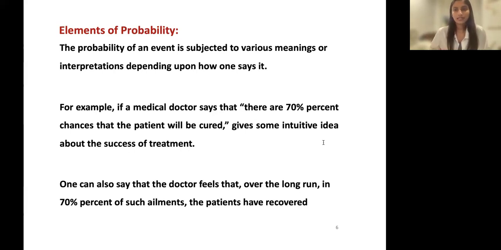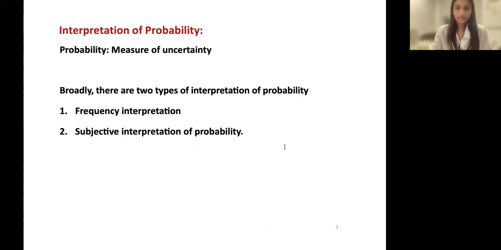It mostly gives the impression that the patient will be cured. But if somebody says Dr. B is not good enough, only 5% of patients survive, that's not a very reliable doctor to go to. All these statistics in life help you decide your actions.